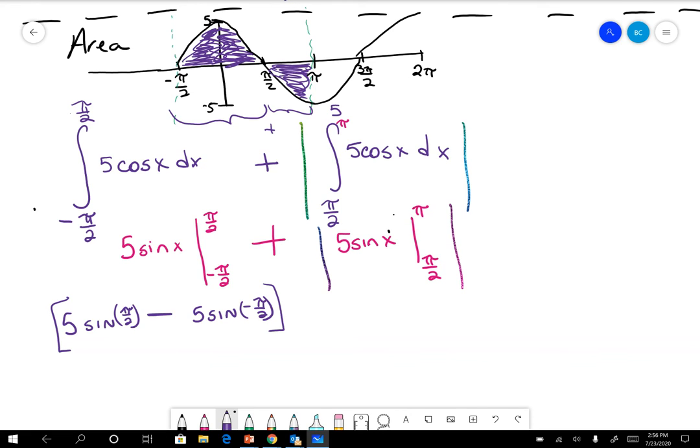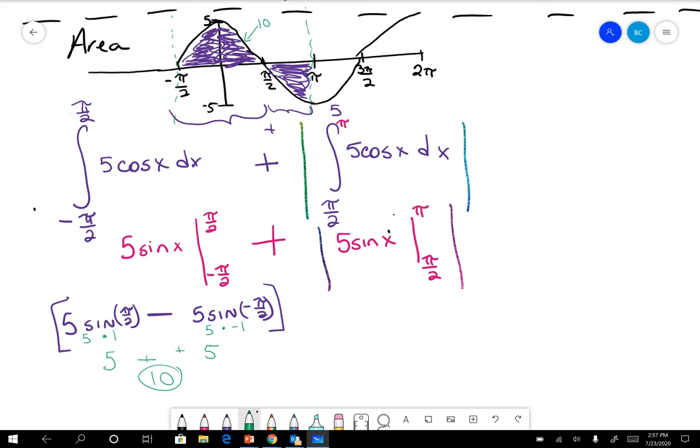So sine of pi over 2 is 1. 1 times 5 is 5. Sine of negative pi over 2 is negative 1. Times 5 is negative 5, but it's minus a negative 5. So this is going to give me 10. So this area over here is 10.